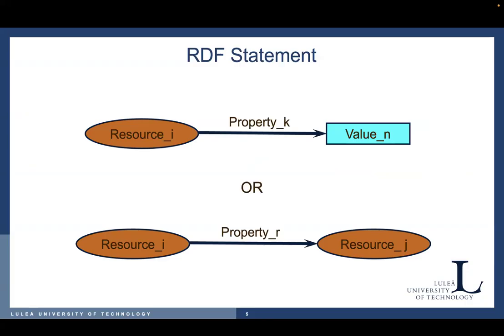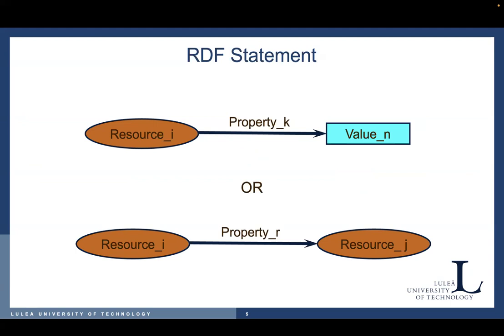So we come to the first constructs for representing atomic knowledge pieces, where we describe a resource. Now we will come to examples of what a resource is. Resources have properties.